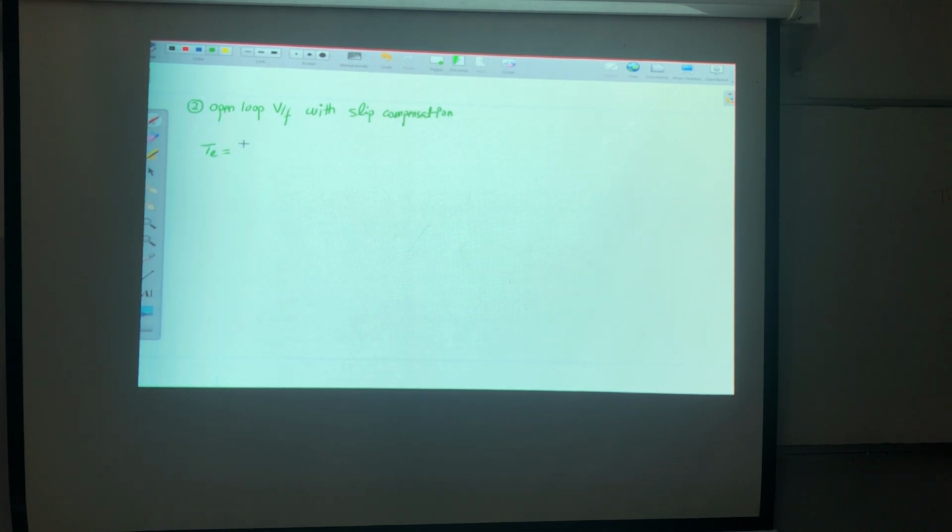It was 3, P over 2 if I need to use the electrical synchronous speed, R dash over S omega S, Vs squared over Rs plus R dash over S squared plus XLS plus XLR dash squared, and this one is already derived from the per phase equivalent circuit, correct?